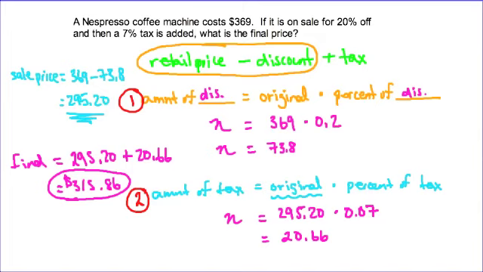The reason it's not true comes back to the fact that our prices are different. The discount applies to the retail price, the original price, and the tax is applied to the sale price. Because those two prices are different, you can't just add the percentages together.